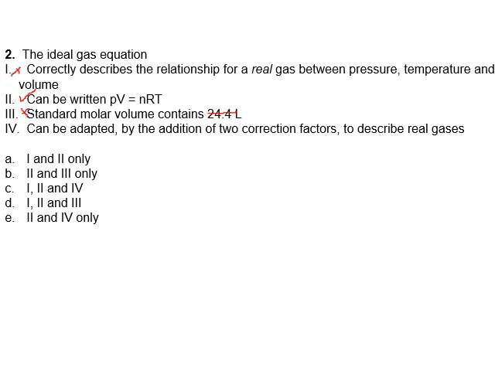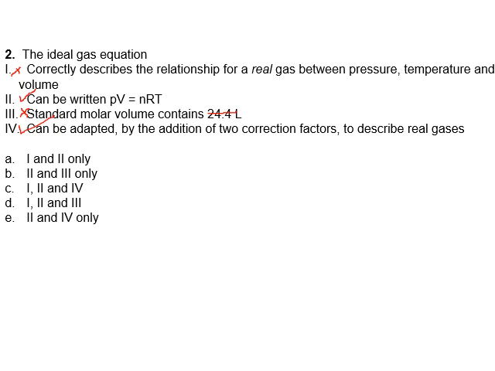And then number 4, can be adapted by the addition of 2 correction factors to describe real gases, and that is correct. We call that the van der Waals equation, and that is one of the topics that we studied in this chapter.